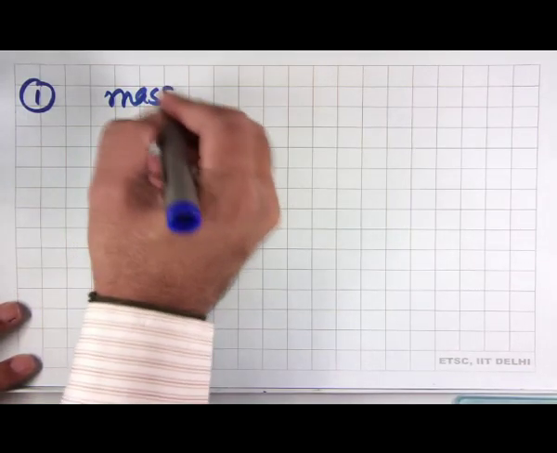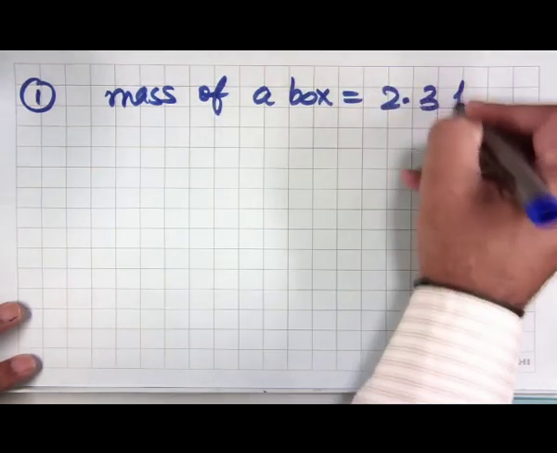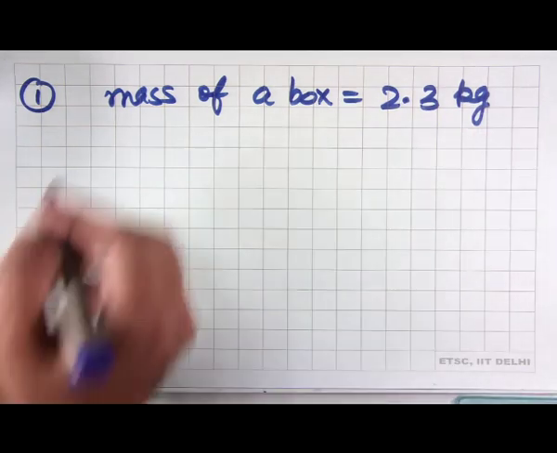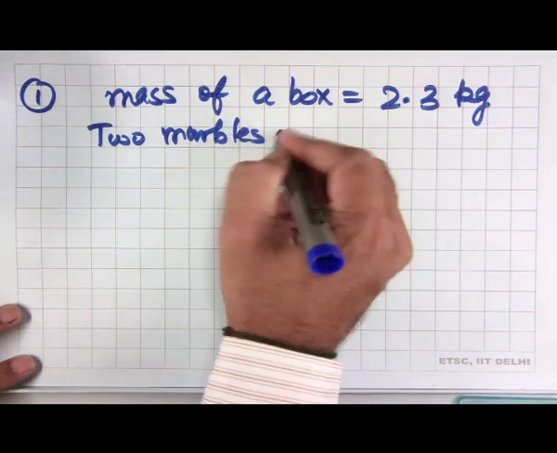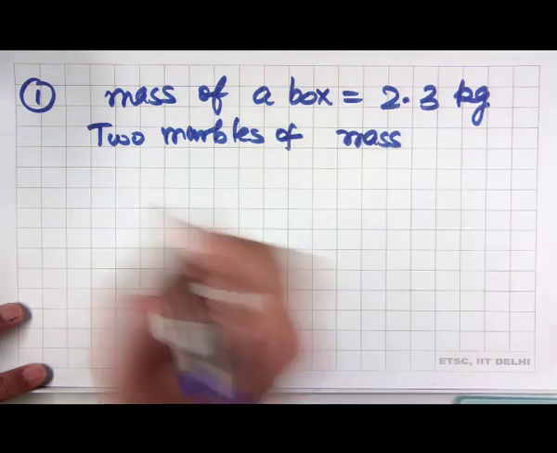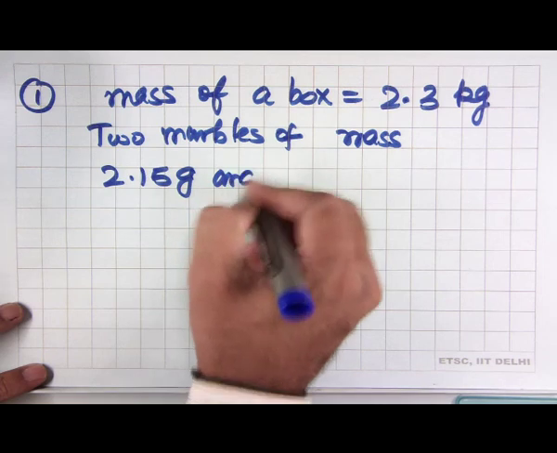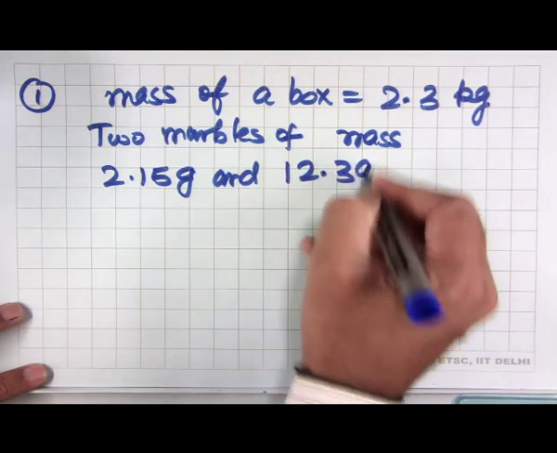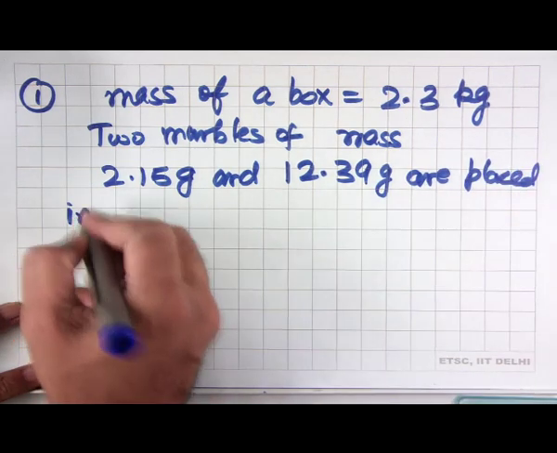Let us say we take problem number 1, where it is given that the mass of a box is 2.3 kgs, and 2 marbles of mass 2.15 grams and 12.39 grams are placed in the box.